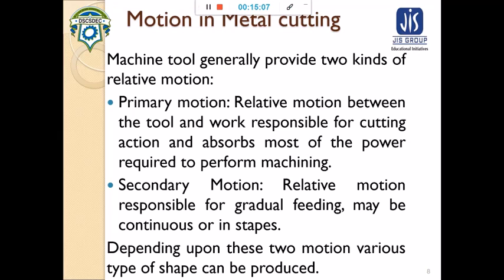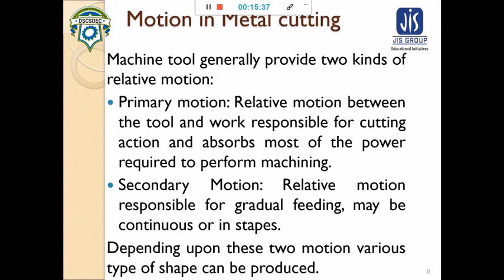In that condition, the main cutting action is due to the rotating motion of the workpiece. So the primary motion in the case of a lathe is the rotating motion, while the feed motion or secondary motion is given to the cutting tool.